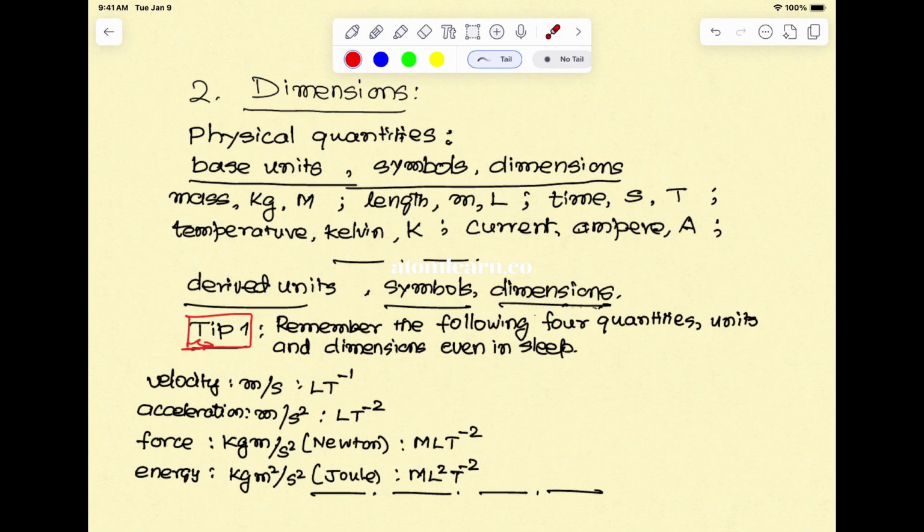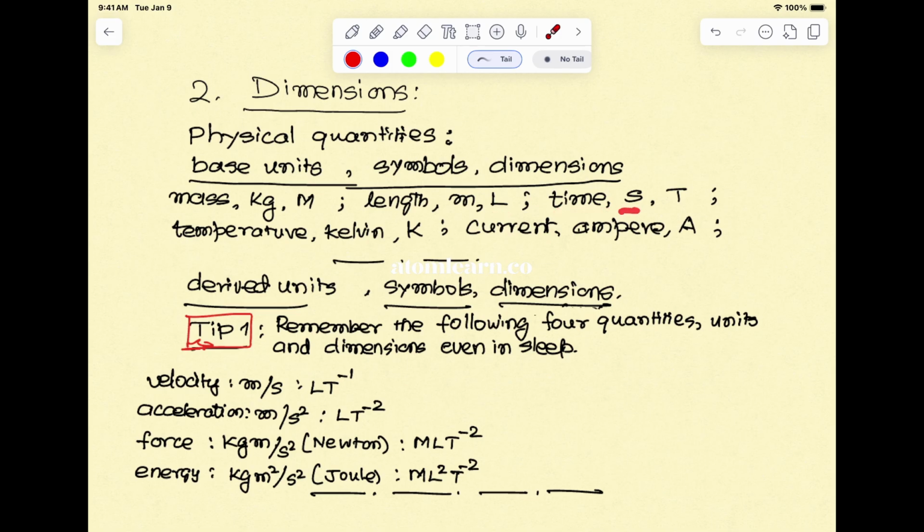There are actually 3 things: a basic quantity, a basic unit, and a basic dimension. That is, fundamental quantities, fundamental units, and fundamental dimensions. For example, the fundamental quantity is mass, its fundamental unit is kg, and the dimensional formula for it is M. Similarly, length, meter, and L is the dimensional formula.